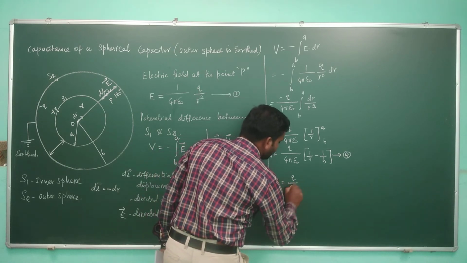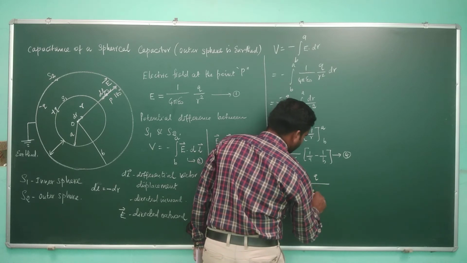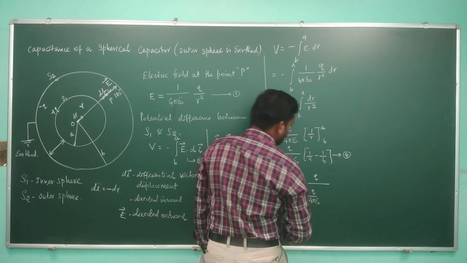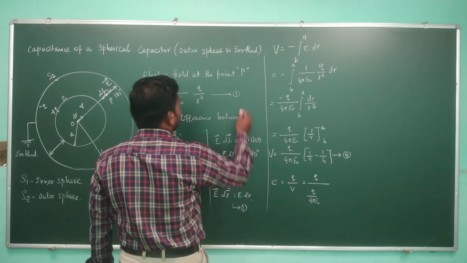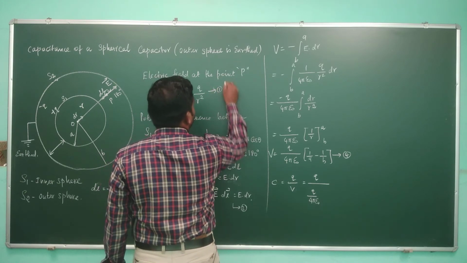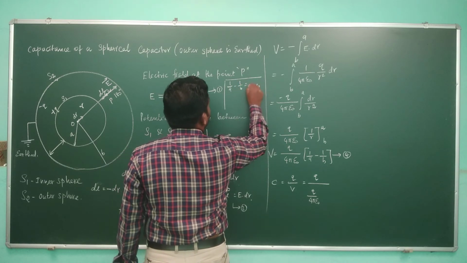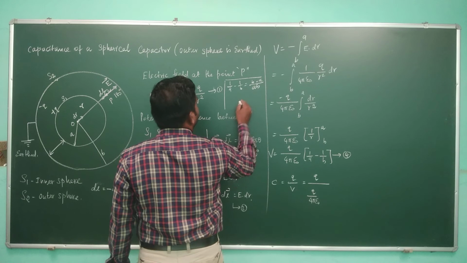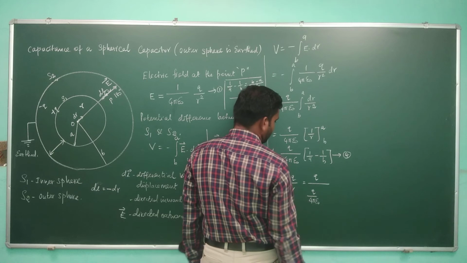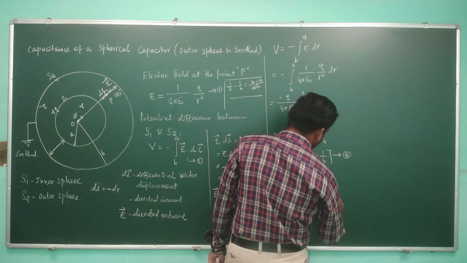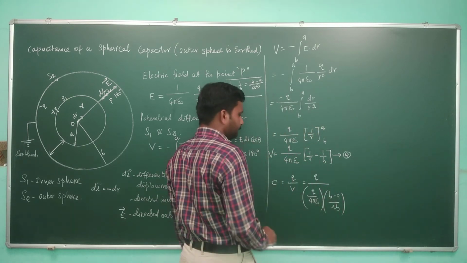You can write Q by V, which is equal to Q by Q by 4 pi epsilon naught into 1 by A minus 1 by B. You can take AB common, so here B minus A, multiplied by B minus A by AB.